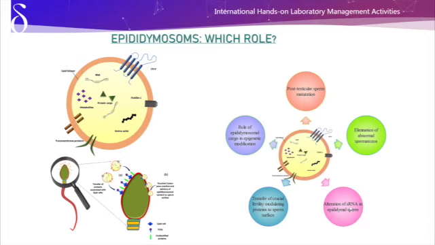and they even alter RNA present in sperm during epididymal transfer. In particular, epididymosomes transfer protein that may adhere to the surface of the sperm.